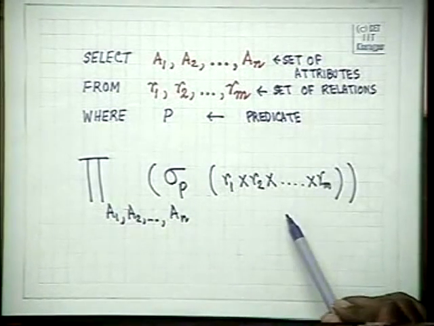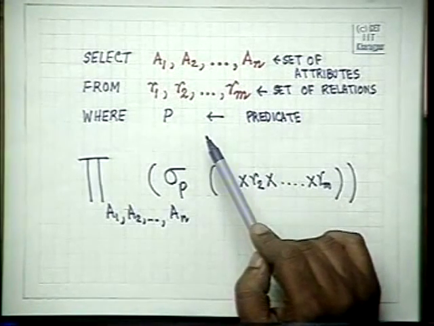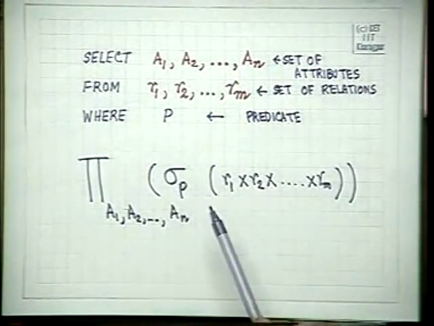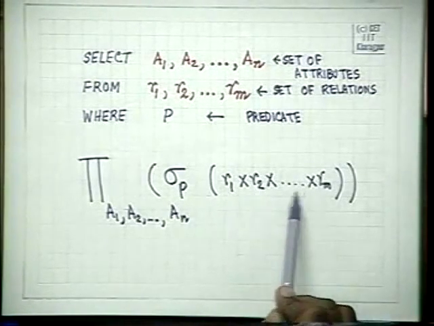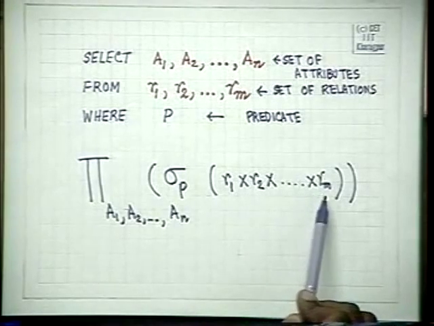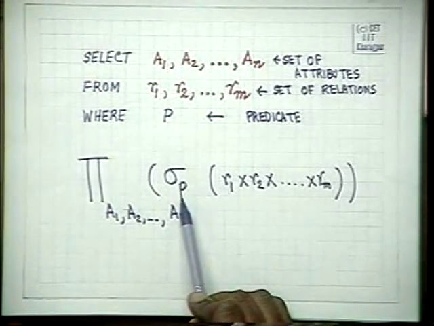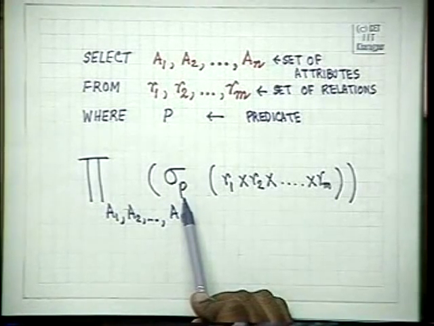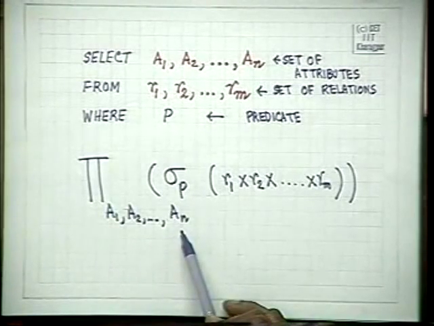This is the equivalent relational algebra expression for this SQL statement. There is a Cartesian product done between R1 to Rm. You select out those tuples which satisfy the predicate P and project out the attributes A1 to AN.